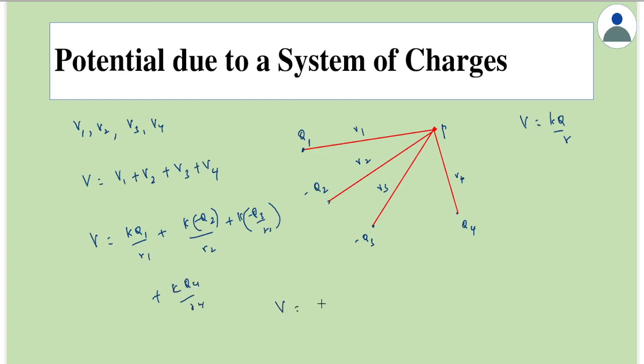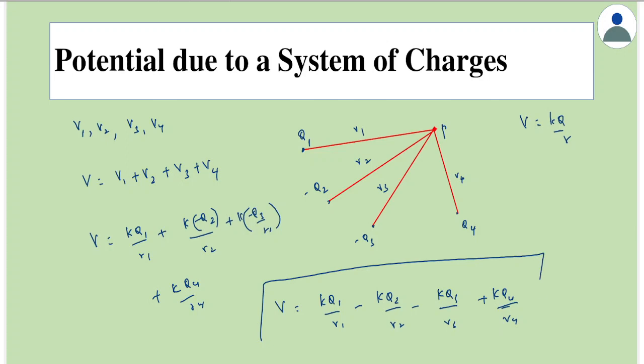That is, V is equal to K Q1 by R1 minus K Q2 by R2 minus K Q3 by R3 plus K Q4 by R4. So this is the required electric potential at a given point.